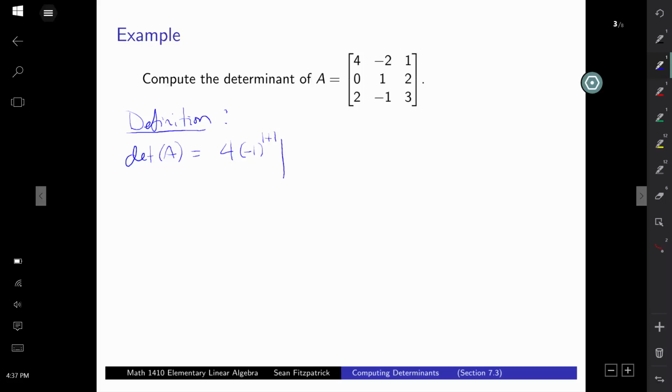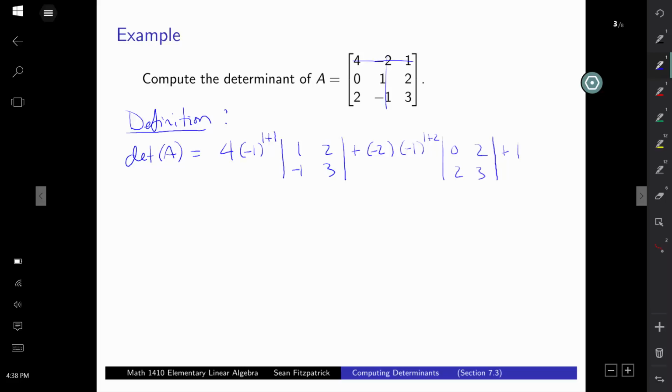If I delete row 1, column 1, I'm left with 1, 2, minus 1, 3. Then I do minus 2, that's the (1,2) entry, times minus 1 to the 1 plus 2 times 0, 2, 2, 3.